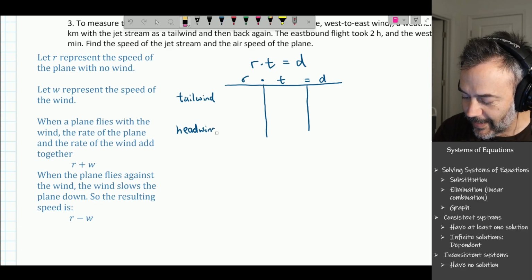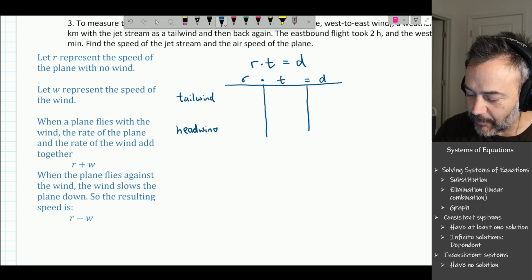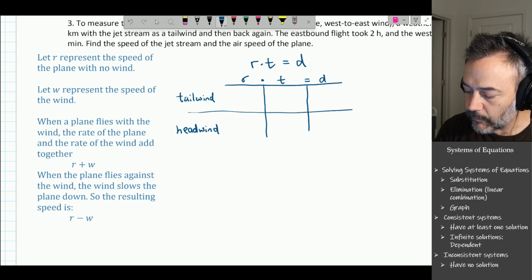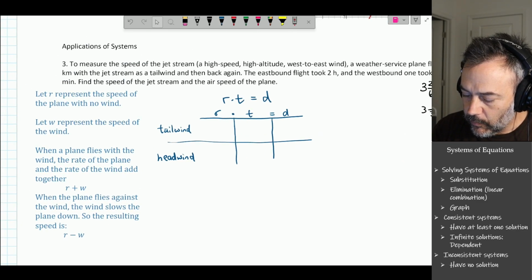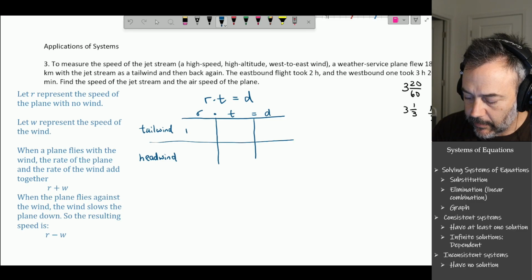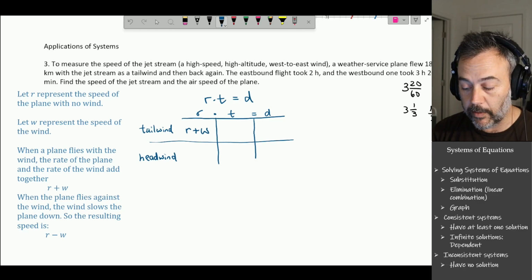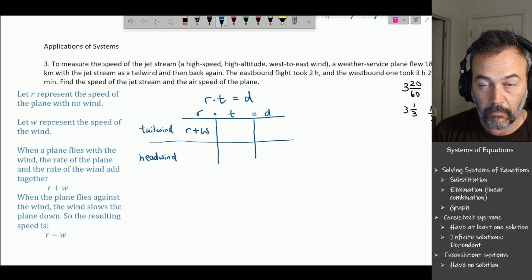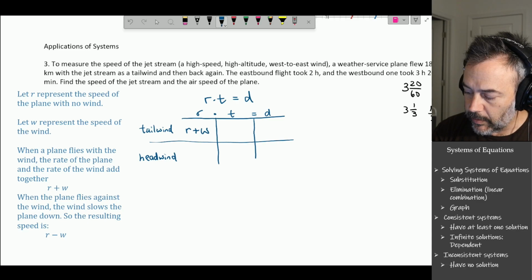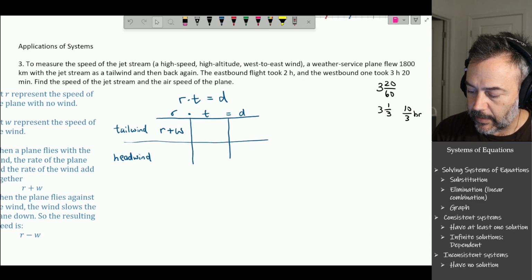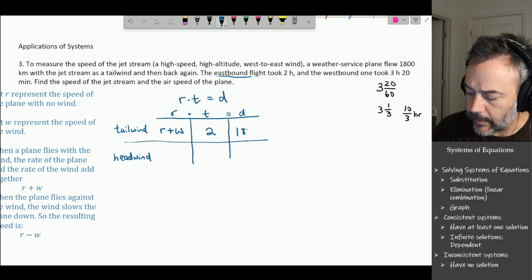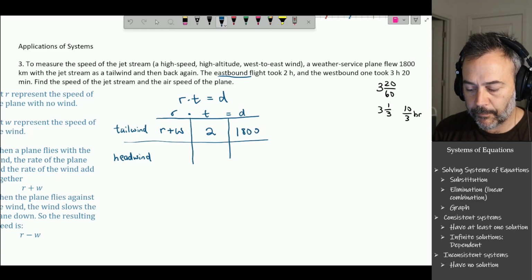Not headwind. Oops. Headwind. They said that we don't know the rate of the plane and we don't know the wind, but when it's flying with the wind, the rate that the plane is flying is R plus W. But they did tell us that the eastbound flight with the wind took 2 hours and it flew 1,800 miles.